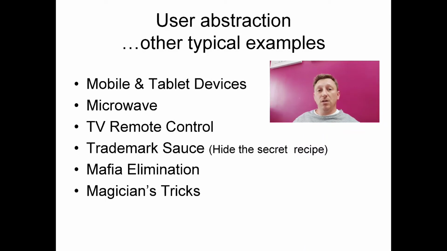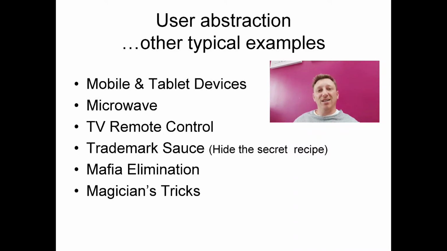And there are other uses. For example, a trademark sauce is a good example, I think. As a user, I need to eat the sauce and enjoy it, but you might want to hide what the recipe is from the user. They don't need to know all the details of how you make the sauce. How about a magician's trick, for example? I'll show you the illusionist kind of outcome, but I don't want you to know how I've managed to achieve this trick in front of your very own eyes.